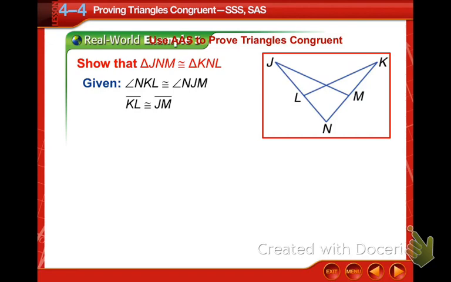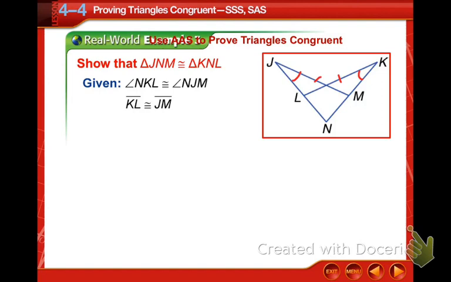So, if you notice here, angle NKL is up on the top to the right. Angle NJM is up to the top on the left. KL is the top side for the triangle on the right. JM is the top side to the triangle on the left.